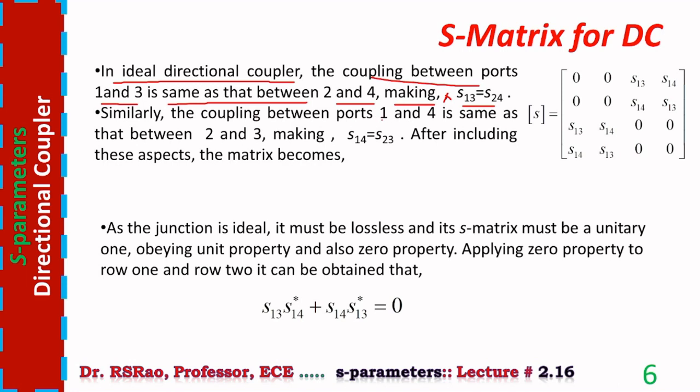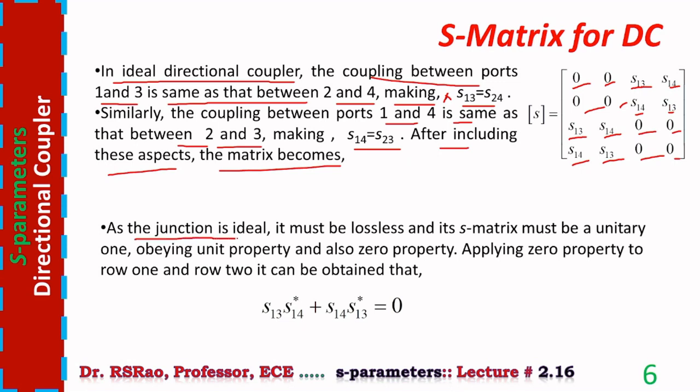Similarly, the coupling between ports 1 and 4 is the same as that between 2 and 3, making S14 equal to S23. After including these aspects, the matrix becomes 0, 0, S13, S14; 0, 0, S14, S13; S13, S14, 0, 0; S14, S13, 0, 0. The number of unknowns is reduced, now much fewer than in the earlier version of the matrix.